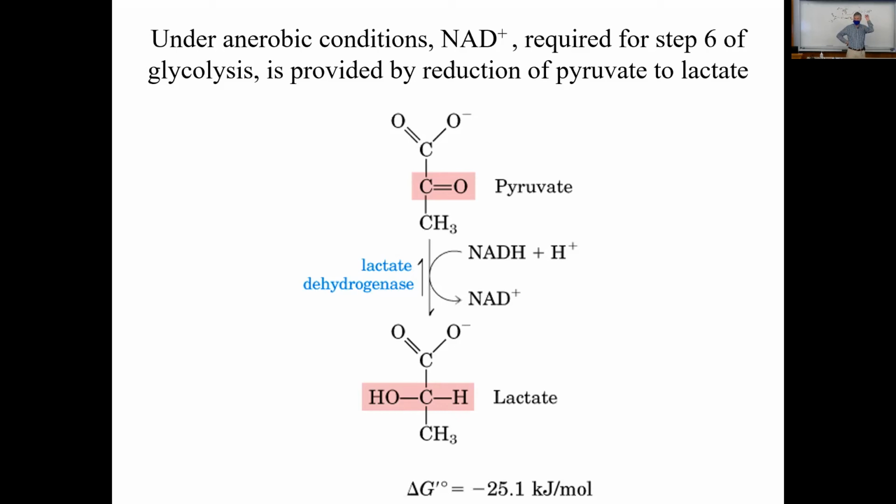The net production from glycolysis is just 2. But if that's all that you have, if you no longer have a functional electron transport chain because of no oxygen, then this process is carried out. And the reason that this process of converting pyruvate to lactate is carried out is to regenerate NAD+.